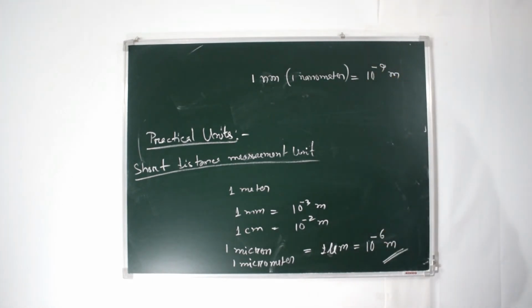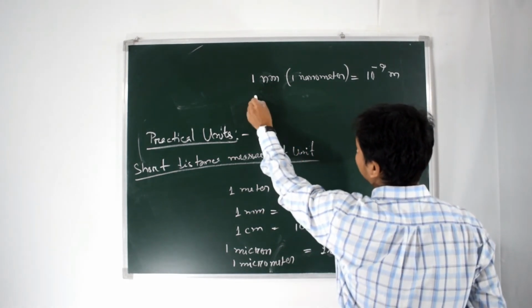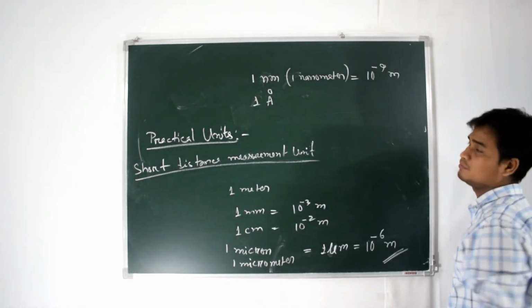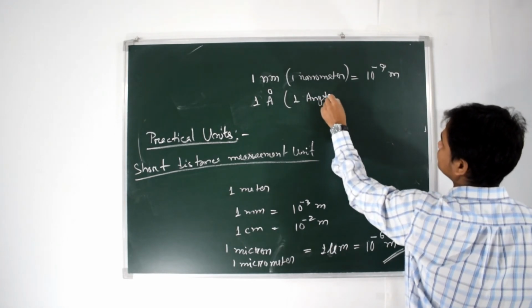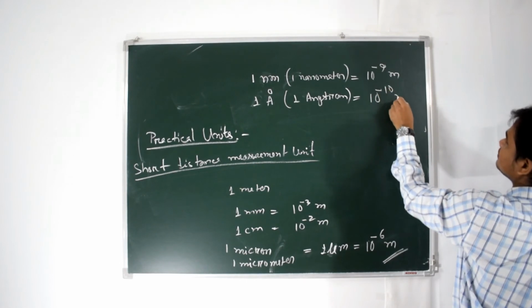Keep it in mind, 10 to the power minus 9 meter. After that, 1 angstrom. This is the symbol of angstrom. 1 angstrom is 10 to the power minus 10 meter.